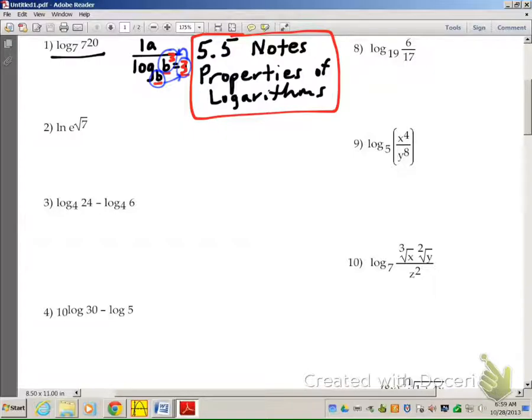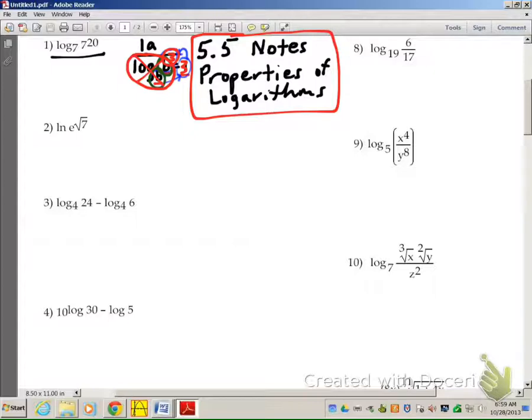One thing to note is that when the base here is the same as the base in the argument, then it's as if the log base b is canceling out or nullifying that base b right there. So these just go away, and all you're left with is the exponent in the argument.